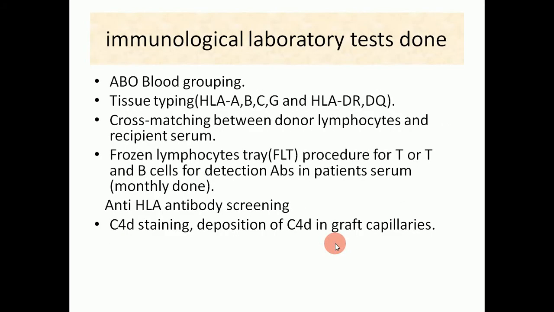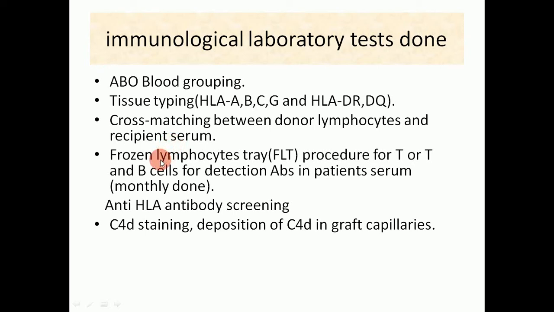patient. So the patient must be sent for the following tests before the operation. First, the ABO blood group, and tissue typing, which is HLA-B, C, G, and HLA-DR, DQ. Second, another test, which is cross-matching between donor lymphocytes and the recipient serum.